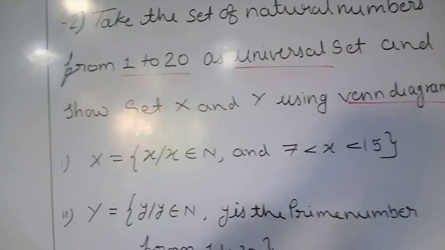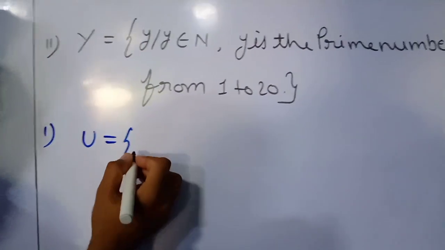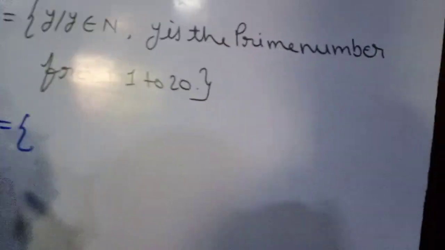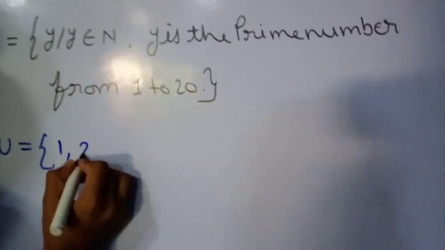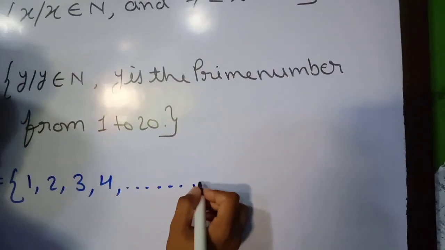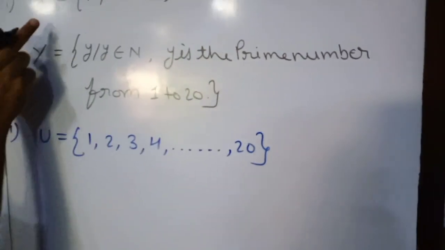Let's start with the first one. Universal set is equal to, as per our question, 1 to 20. So 1, 2, 3, 4, this way till 20. We are taking this as the universal set.